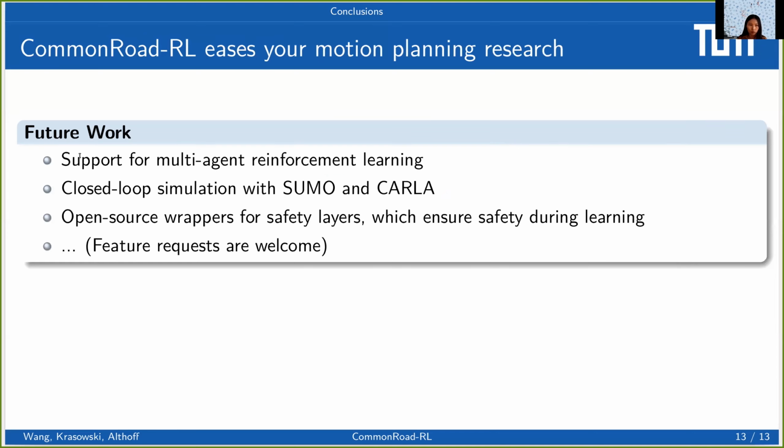For example, support multi-agent reinforcement learning, and include closed loop simulation with Sumo and CARLA simulators. And we will also release open source wrappers for safety layers using formal verification, which could ensure safety during learning.